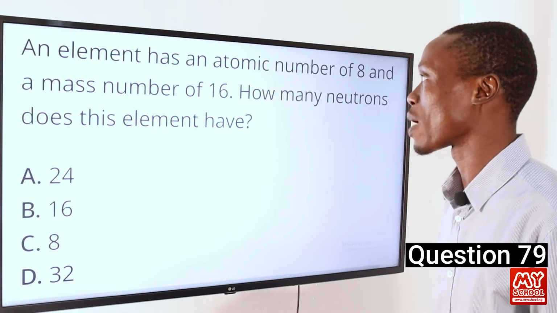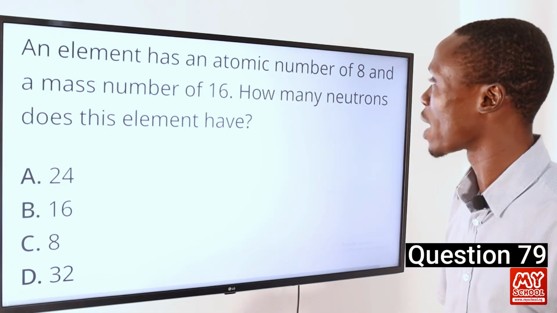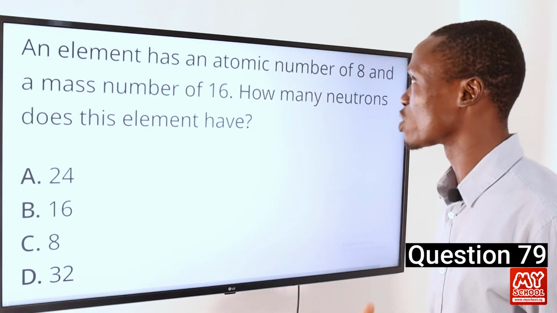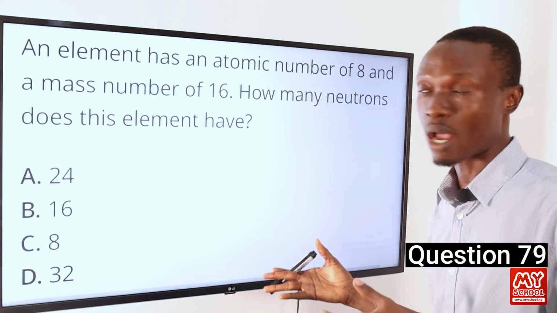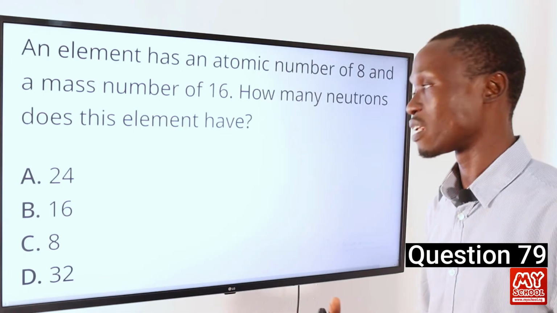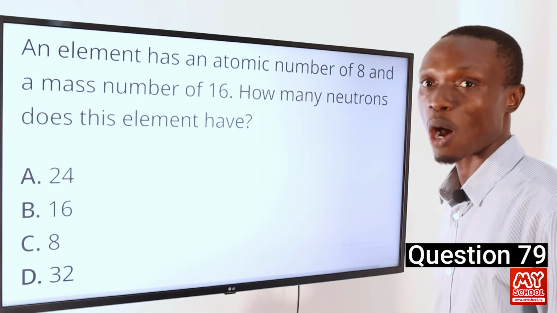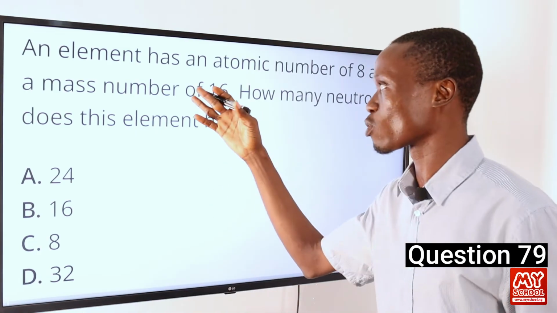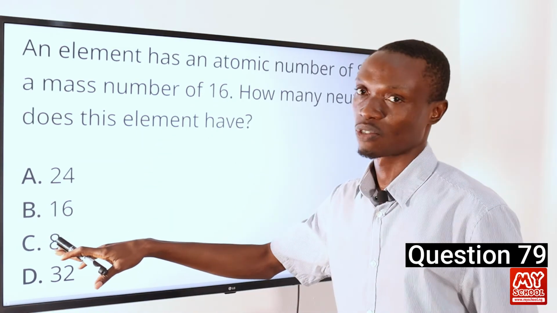So if mass number is equal to 16 and atomic number is equal to 8, and we are looking for the number of neutrons, what we simply do is subtract 8 from 16, and that will give us the number of neutrons, which is equal to 8. So the correct option to this question is 8, C.